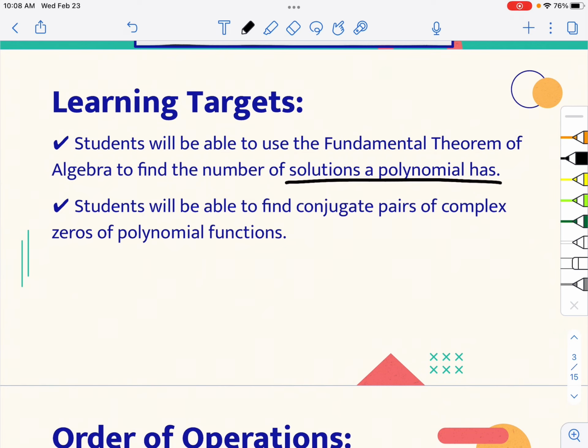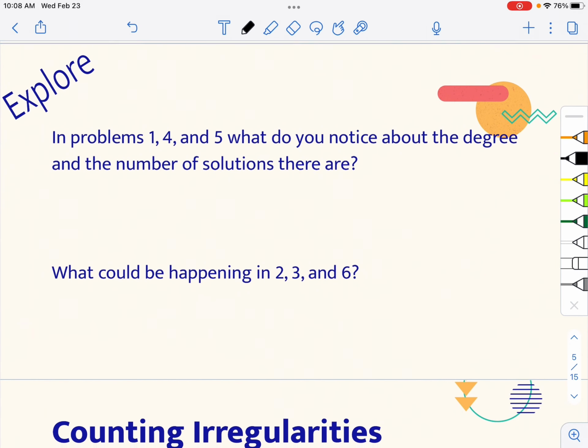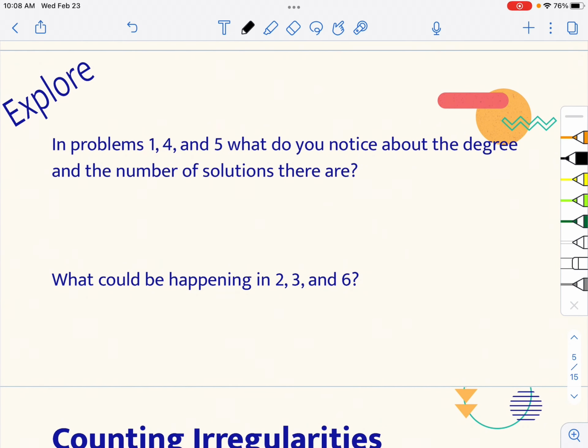Remember, that was supposed to be the big focus of yesterday: how many solutions does a polynomial have, and how do we find what all those solutions are. We tried to preface it by talking about the homework from lesson 4.5, where you had to use our different factoring strategies of chunking, greatest common factor, all that kind of stuff, and you had to find the solutions.